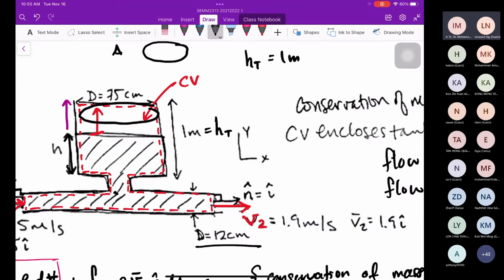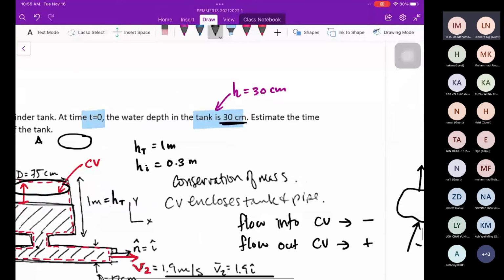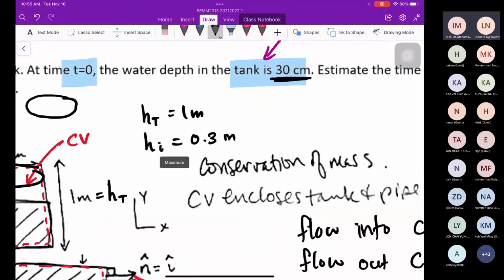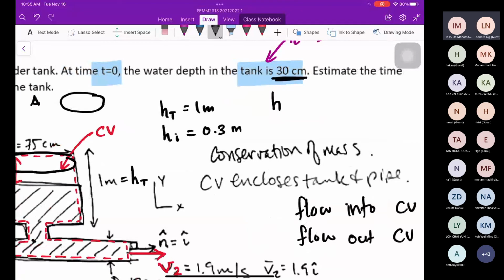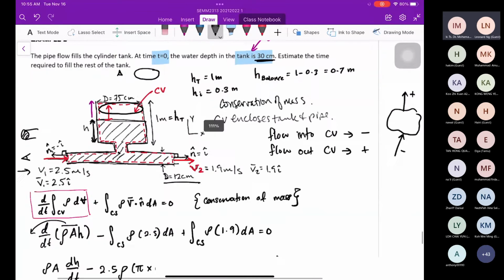It's already filled with H initial of 0.3 meter, because it is filled with this one, 30 centimeter. So what is the balance? H balance shall be 1 minus 0.3, which is equal to 0.7 meter balance.